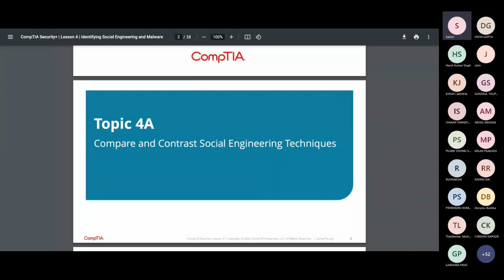Being able to compare and contrast social engineering techniques will help you to lead security awareness training and to develop policies and other security controls to mitigate the risk. Employees are a crucial resource to any organization, and they have access to the organization's data to some extent.